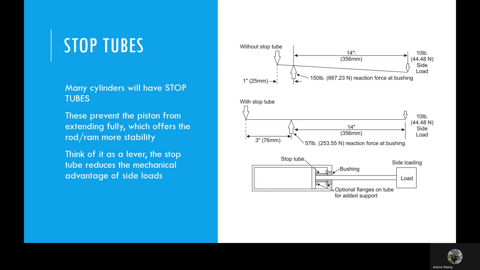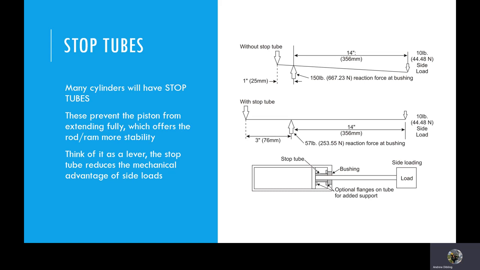A stop tube bushing is used a lot of the time to reduce the side loads on cylinders as they extend and retract. A lot of the diagrams show cylinders extending and retracting on a totally linear action, but usually a cylinder is either supported at one end, both ends, or sometimes in the middle.